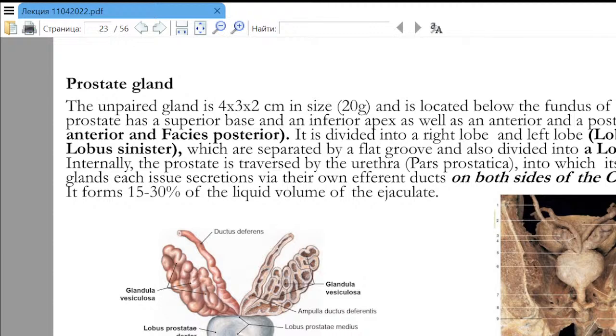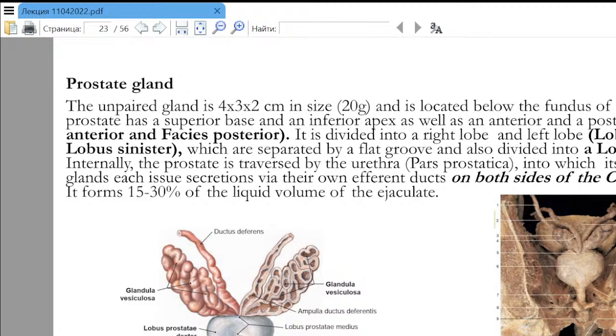The prostate has a superior base and an inferior apex, as well as an anterior and posterior surface, facies anterior, facies posterior. It is divided into a right lobe and a left lobe: lobus prostatae dexter and lobus prostatae sinister, which are separated by a flat groove, and also divided into further lobes.